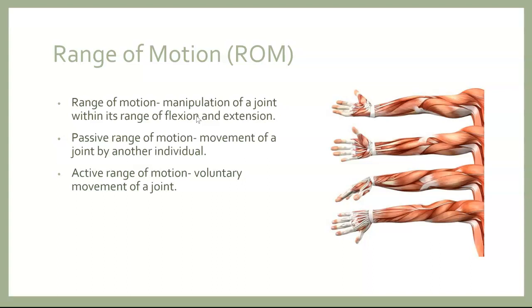If you have someone who's immobile, you still need to have physical therapy, and you as the nurse can be doing passive range of motion so that they don't get stiff and get a contracture, and to help prevent atrophy. And then active range of motion is the voluntary movement of a joint. So if a patient can do this for themselves, we can move our body joints within the amount of the normal range of motion.